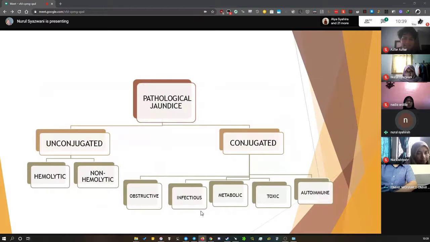Okay, this one is for pathological jaundice. We can divide it into unconjugated and conjugated.